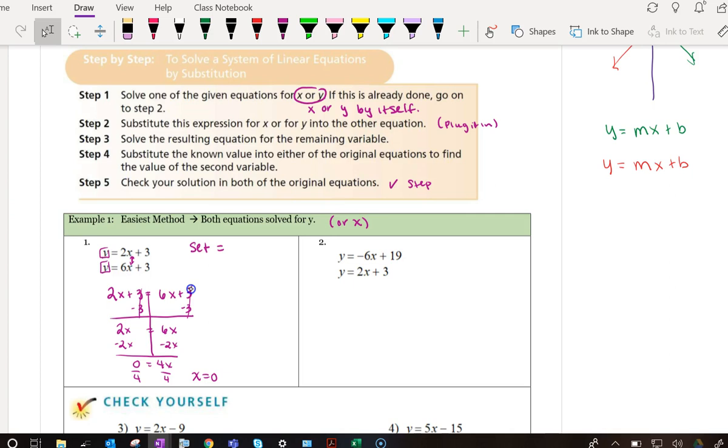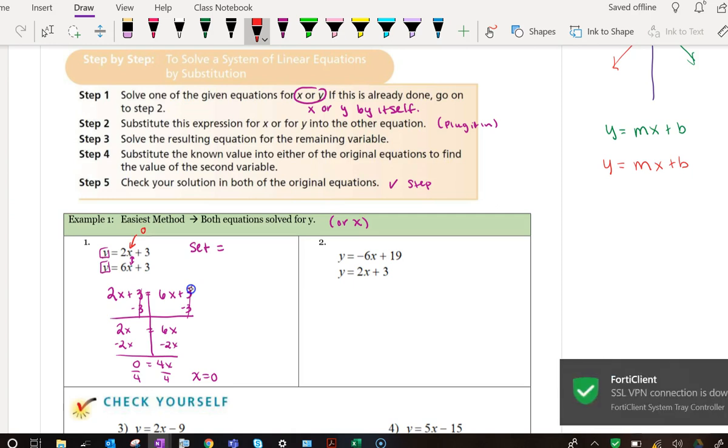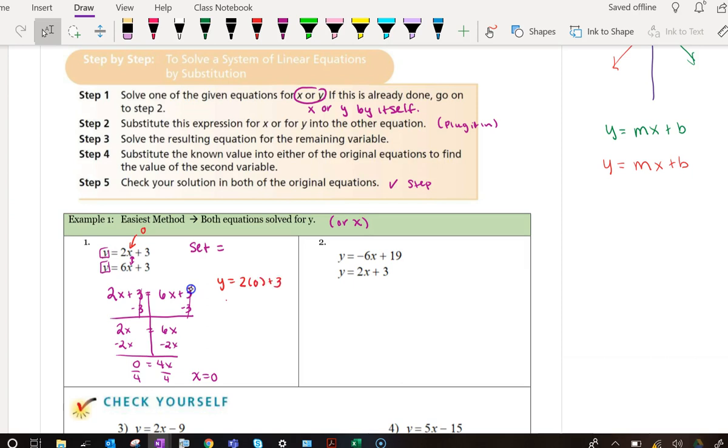Once you have a value for x, go ahead and plug it in to one of the other two equations and solve for y. So I know that y is equal to 2 times 0 plus 3, which is y equals 0 plus 3, y equals 3.